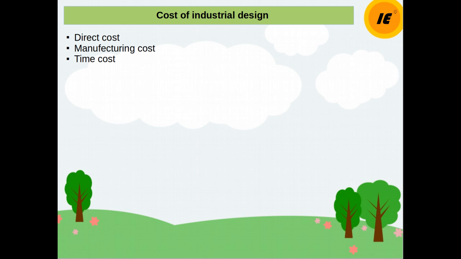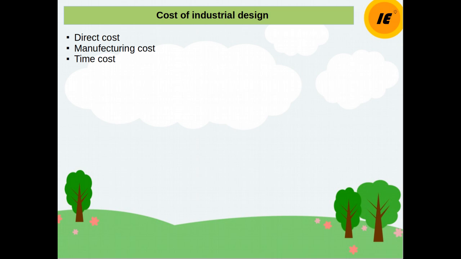Okay, so last week we learned a lot of things in the first part of the chapter, and we understood a lot of concepts. But this week we will start by asking a very simple question: what are the different kinds of cost structure for performing proper industrial design for your potential product?